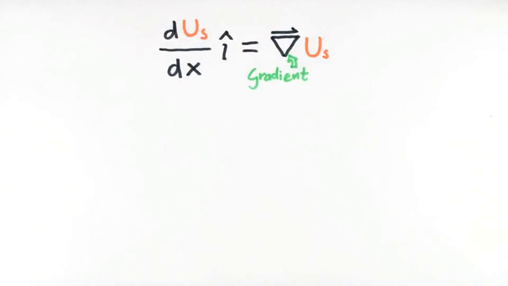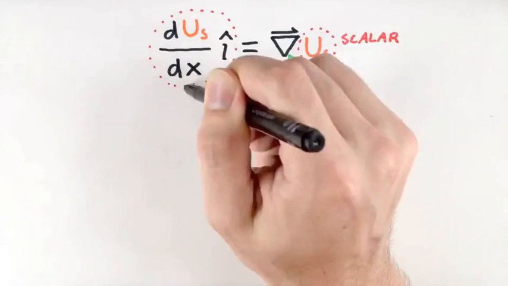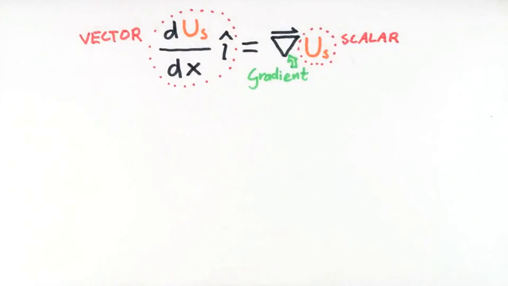Notice that even though we started with a scalar function, the spring potential energy, this operation is a vector operation because it produces a vector.